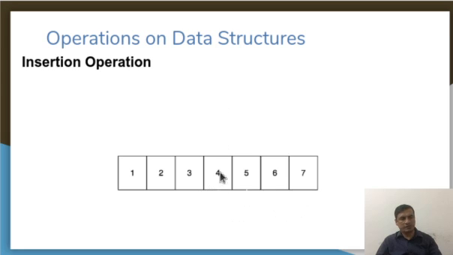To insert the value after the 3rd position, the 7 is going to be displaced to the next position, 6 is going to be displaced, and 5 is going to be displaced to the next position, and 4 is going to be inserted at the specified position here. So this simply shows how you are going to insert an element into the array.